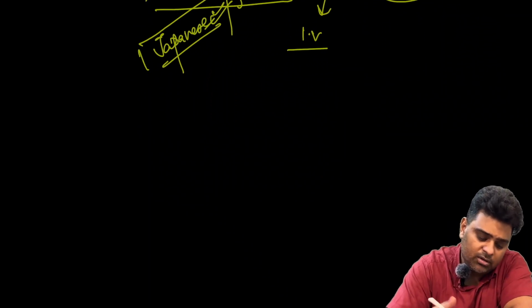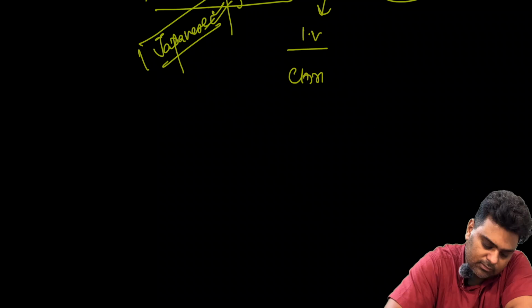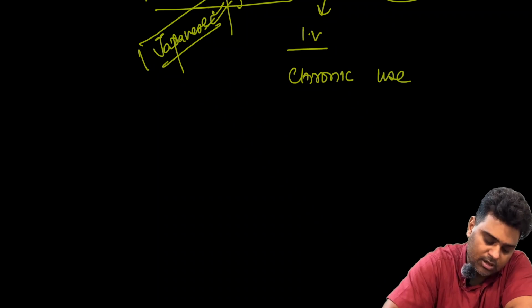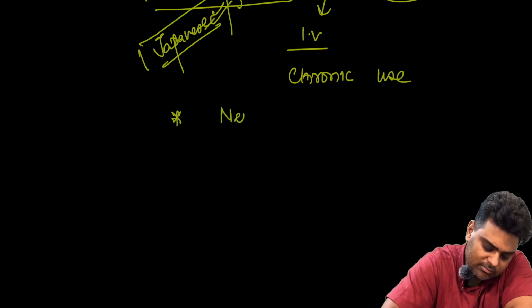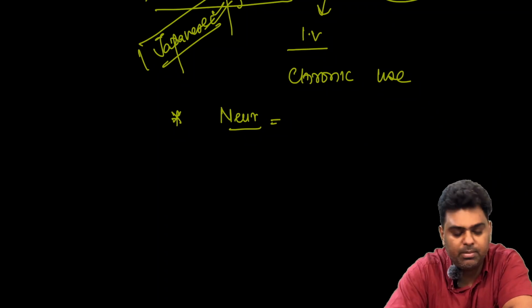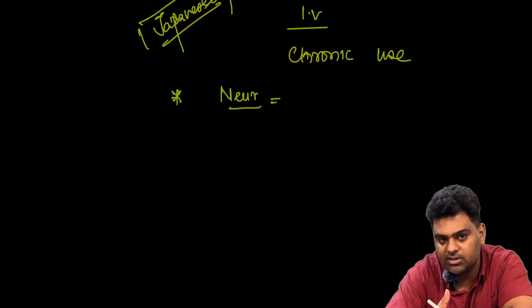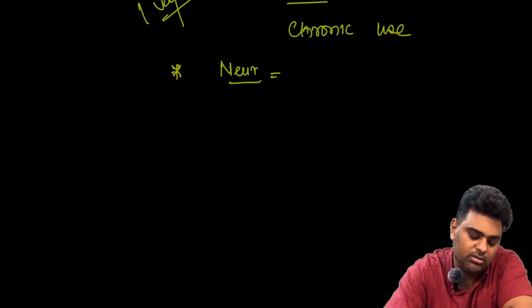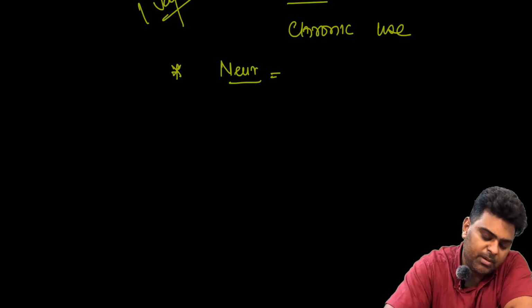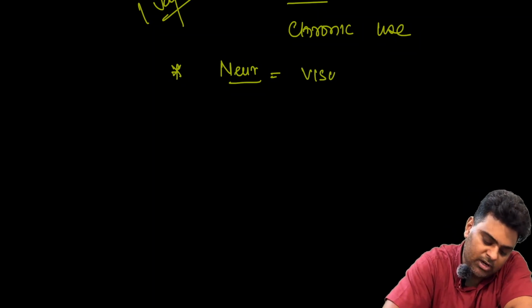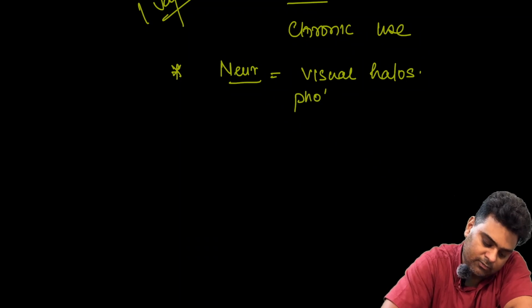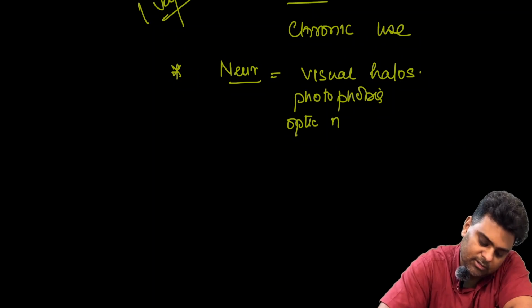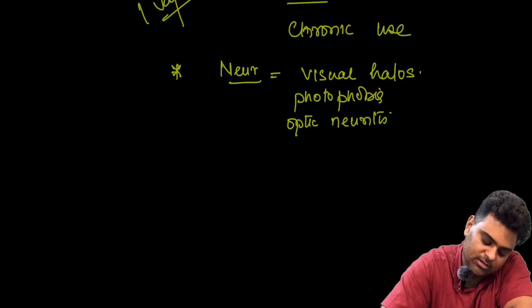Now, on chronic use, in neurology, when you are giving amiodarone as chronic oral dosing, patients complain of visual halos and photophobia. Patients can also develop optic neuritis.